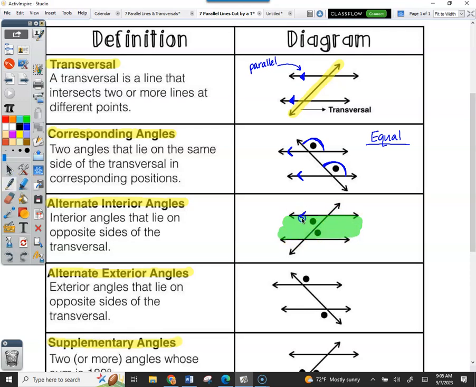We have parallel lines cut by transversal. The alternate interior angles will be congruent. They will be equal to each other. Make these notes on your paper, guys. It's going to help. Stay with me.